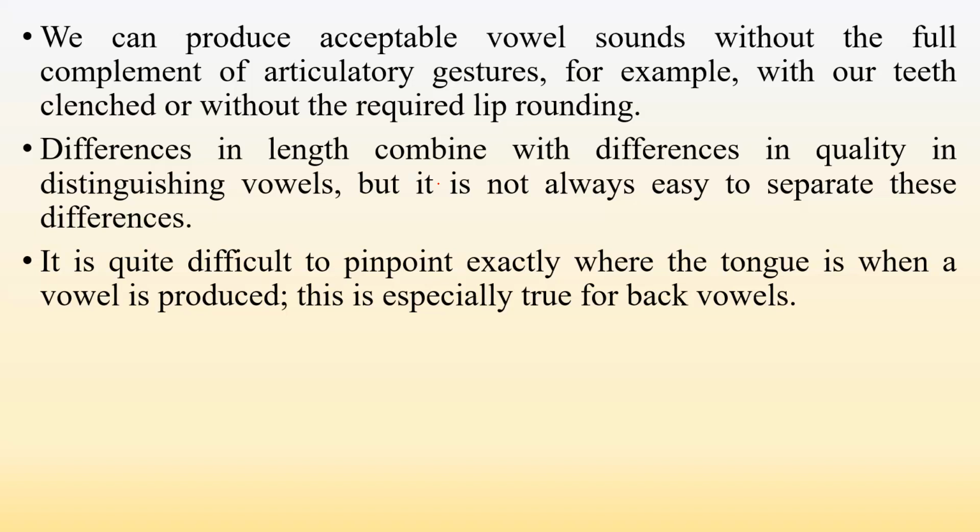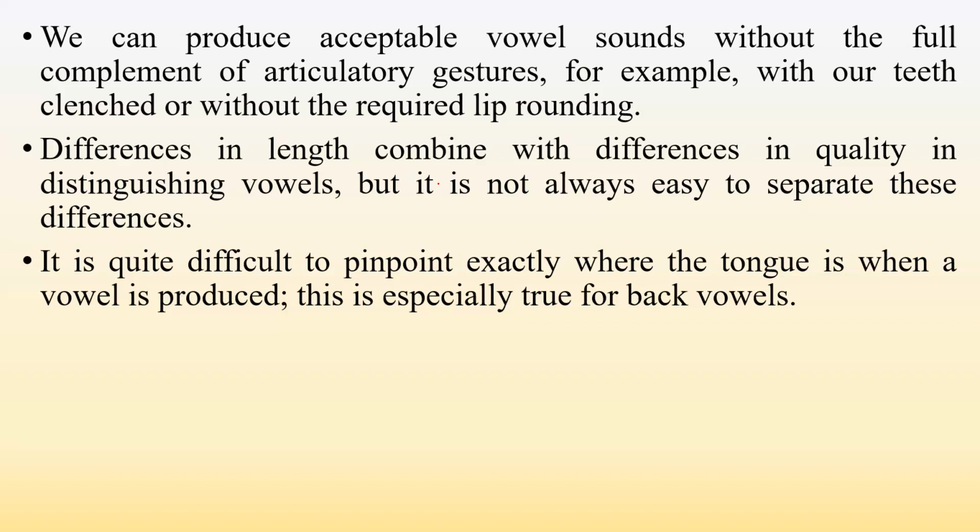Without having articulators that are fully or partially contacting, we can still produce acceptable vowel sounds, just by slightly changing the tongue position, and even without saying anything about lip rounding.